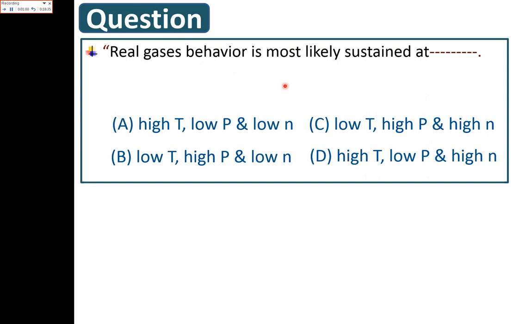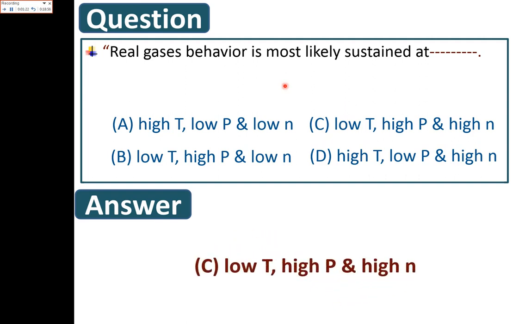So for real gases, which one will be suitable? Real gas behavior should be sustained at low temperature, high pressure, and high n. So the proper answer will be the third one.